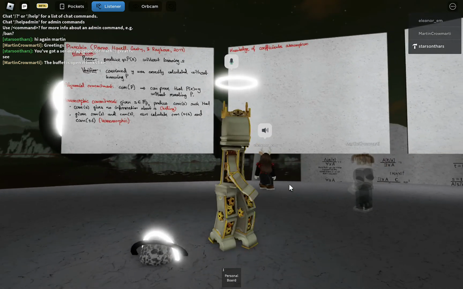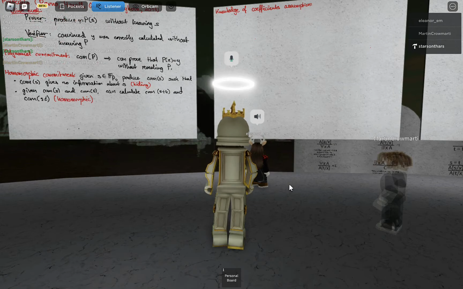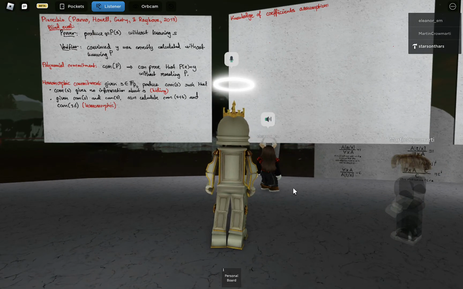The standard ways. There are other ways to do it. The standard ways to do either polynomial or homomorphic commitments involve elliptic curve pairings. This is sort of the canonical way to do it. And this is a whole bunch of fancy number theory that I only barely understand the basics of. I guess that wasn't the part that scared me. It was the kind of recursive stuff where you're encrypting.